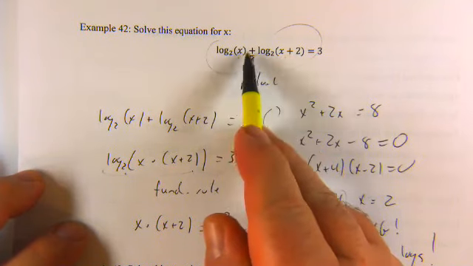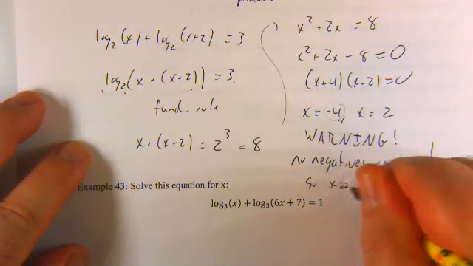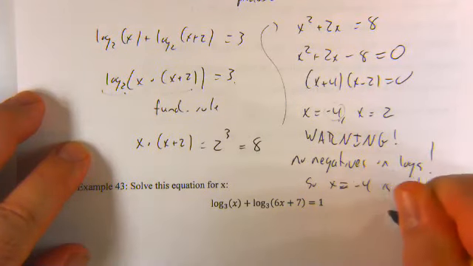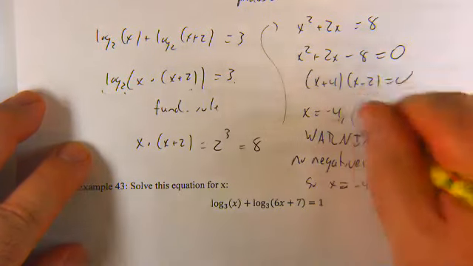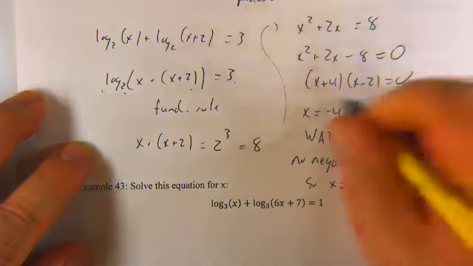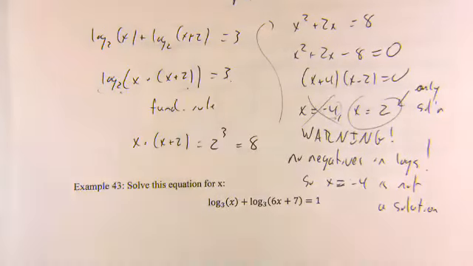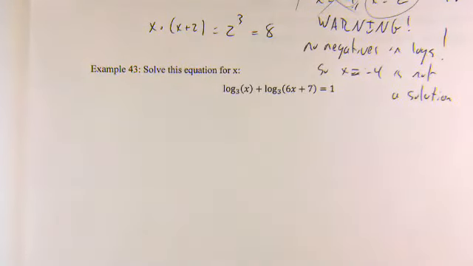And you can't have a negative inside of that. So you have to throw that one away, and your only solution is x equals 2. Remember, no negatives in logarithms.